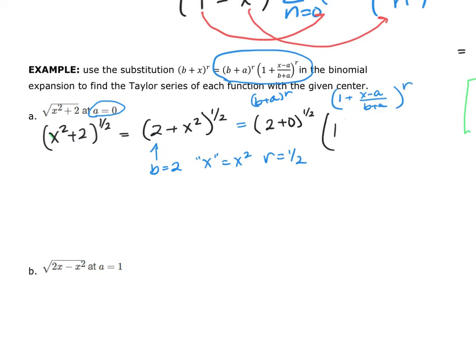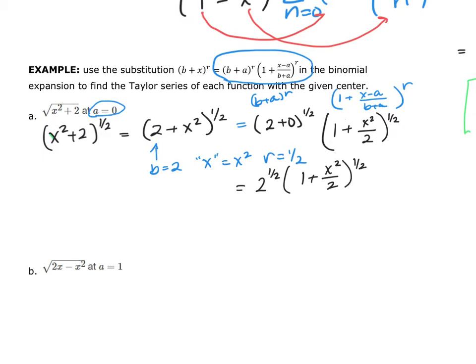So this is equal to 1 plus, remember my quote x is x squared, so I'm going to write x squared minus 0, because that's what a is, divided by b plus a, which is 2, raised to the r power, which happens to be 1/2. Okay, so this is the same thing as 2 raised to the 1/2, and then 1 plus x squared divided by 2, raised to the 1/2.